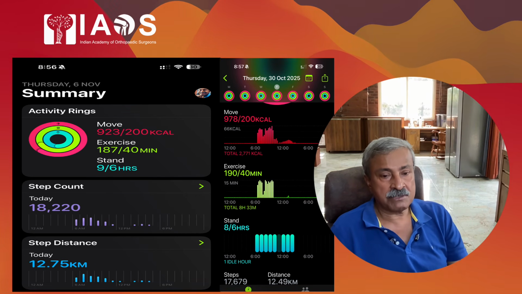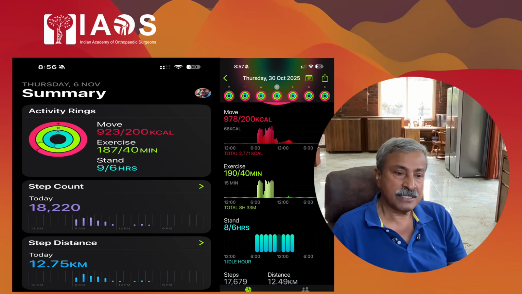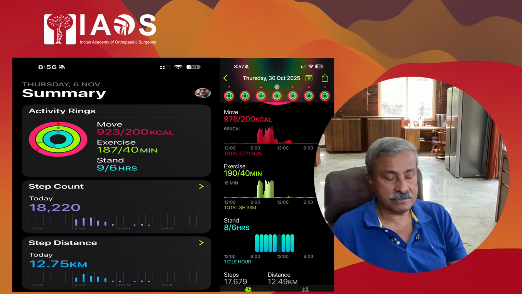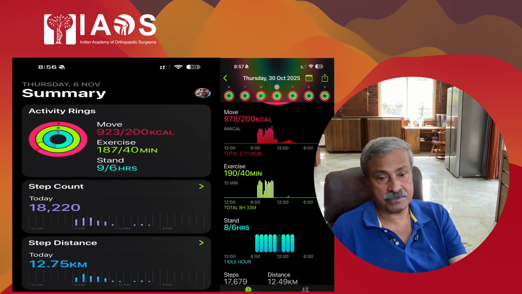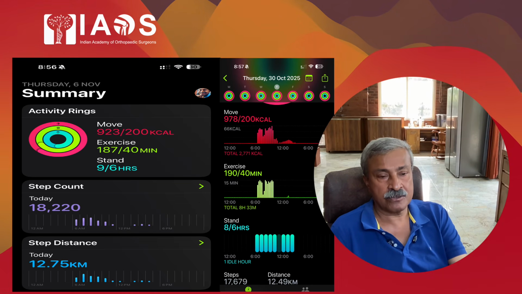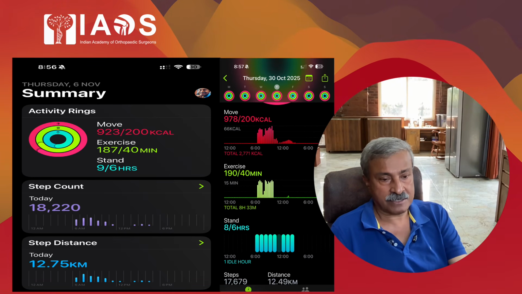And in November, about a month back, I just checked and I found that I did close to 923 active calories, 12.75 kilometers and 18,000 steps, which at my age of 68 seems reasonable. You can see at the top that all the rings are closed, meaning every day I am exceeding my level of fixed exercise.